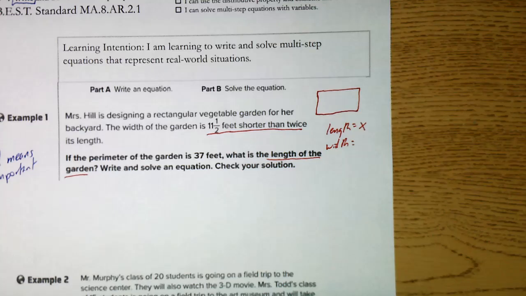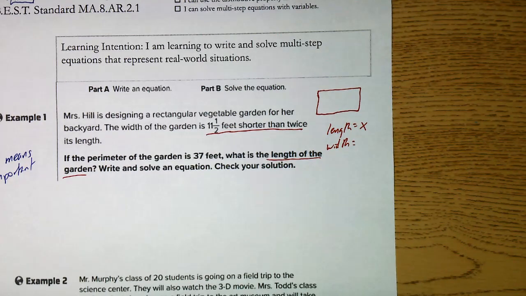But they told me the width of the garden is 11.5 feet shorter than twice its length. So if I said the length was twice the width, and the length is x, what can we do to the x to say that it's twice that? In other words, let's say we're talking you and me.